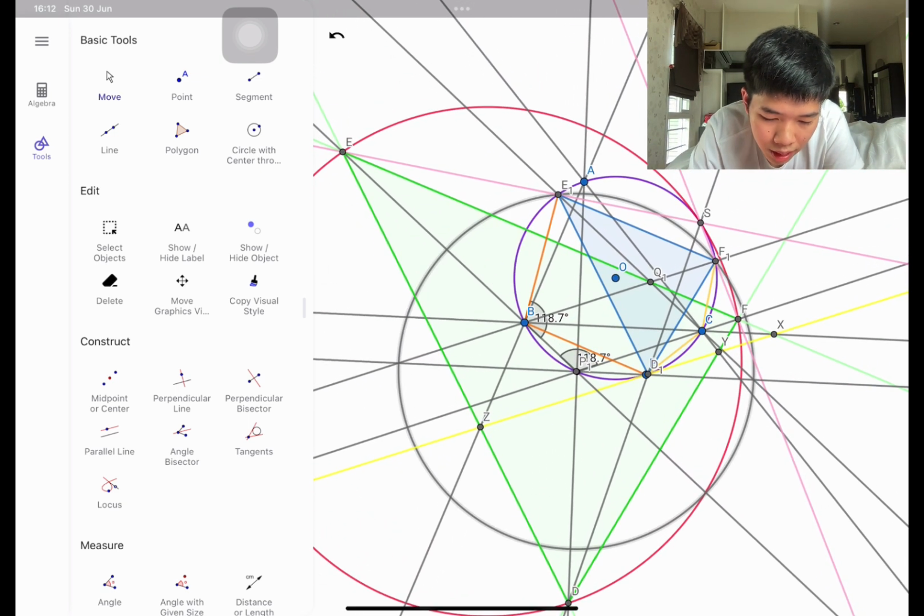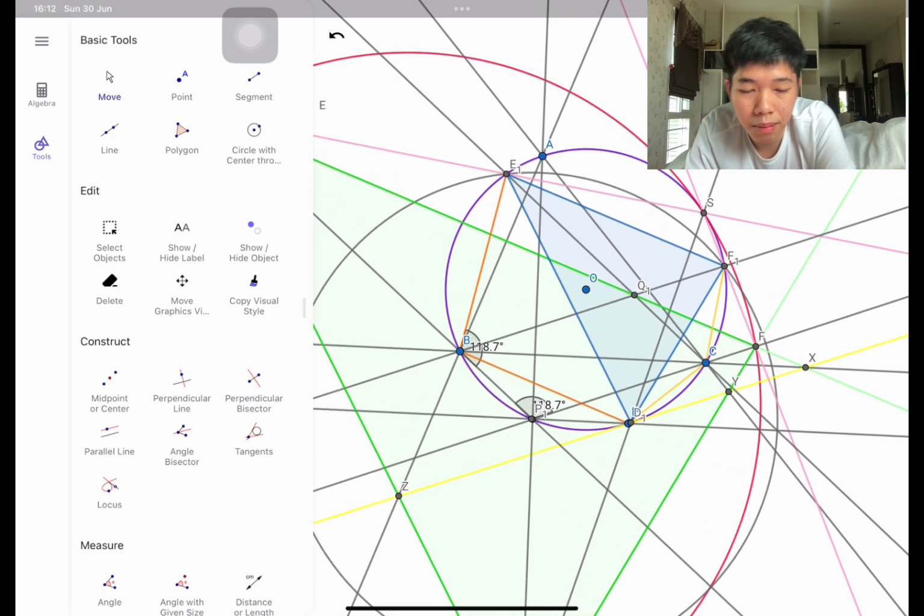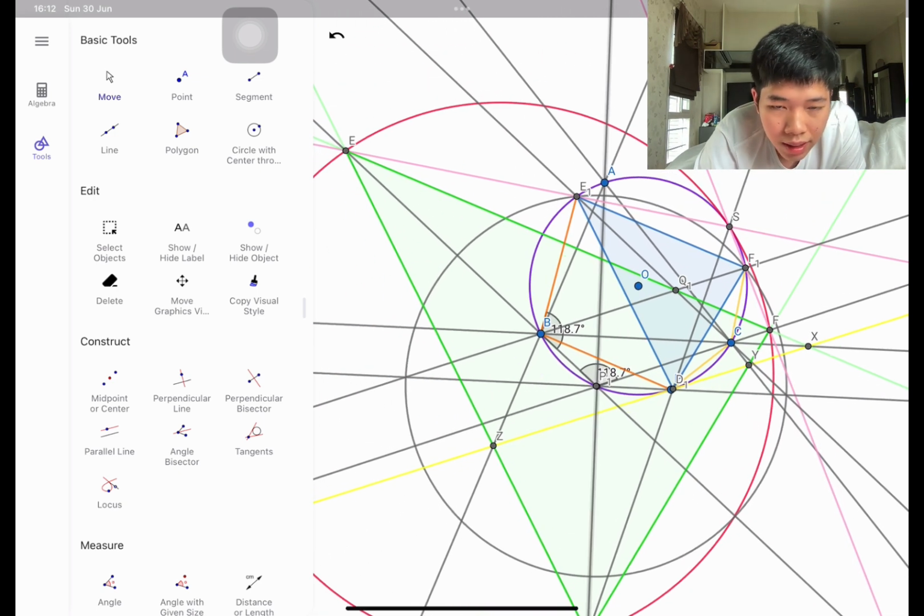And the last step of this actually requires quite a bit of creativity. It's not a difficult move, but it requires a level of curiosity nonetheless. The curiosity I mentioned comes with the step of trying to characterize S, because surely it can't just be a random point that's just floating on the circle if it has this much significance.